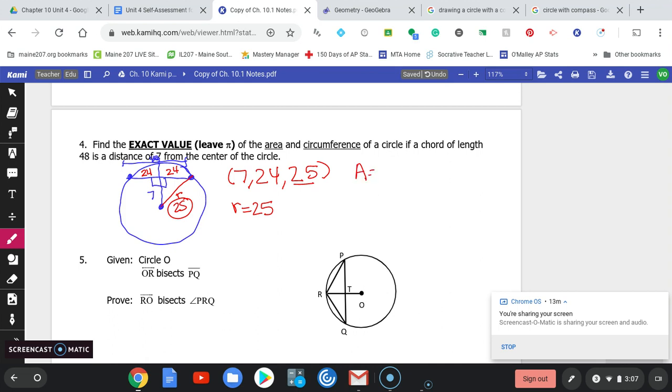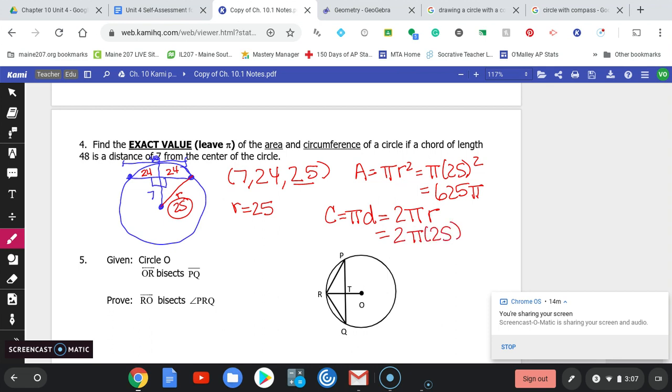The area is equal to pi r squared. So that's going to be pi times 25 squared, which is 625 pi. And then the circumference is pi times diameter, or you can write that as 2 pi times r. So this will be 2 times pi times 25, and circumference will be 50 pi.